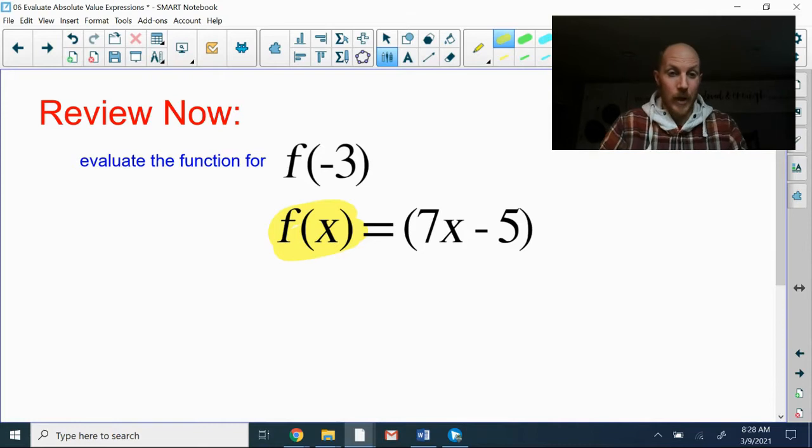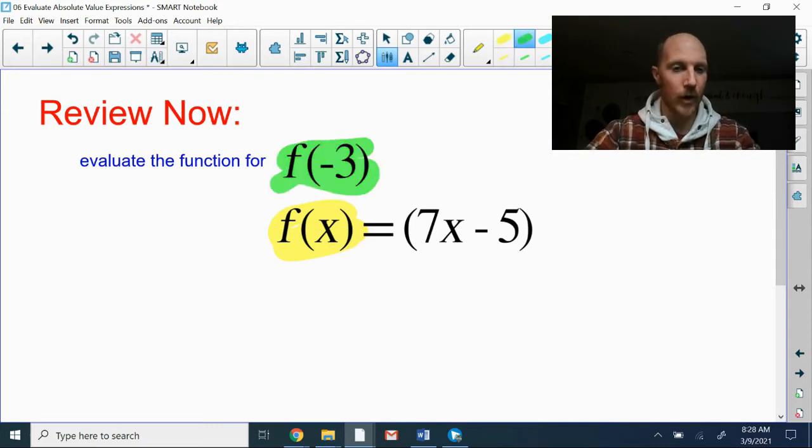It's just communicating to us that this represents a function, which is a super important topic in algebra and other advanced math courses. And we've got right above that our specific directions for this problem. We are to evaluate the given function in yellow for the value f of -3.